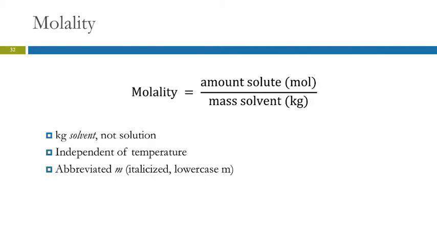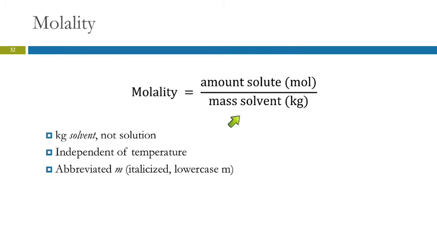Molality, this is not a typo, it's an L, not an R. So molarity, molality, unfortunately very similar words. Molality is not temperature dependent. Here we're looking at amount of solute in moles divided by the mass of the solvent. So this is unusual. A lot of them are quantity of solution.